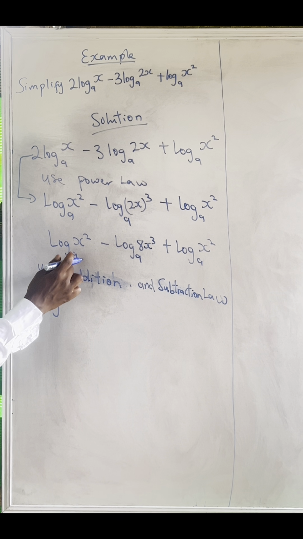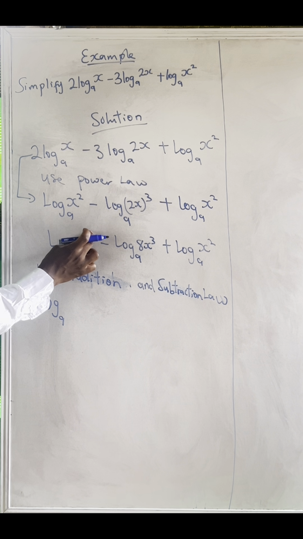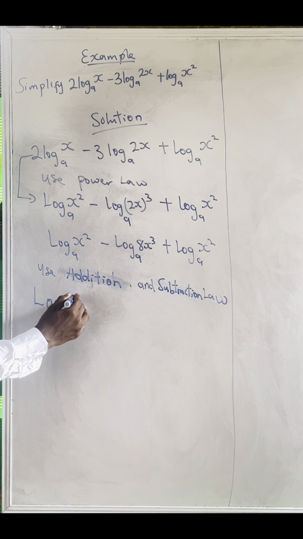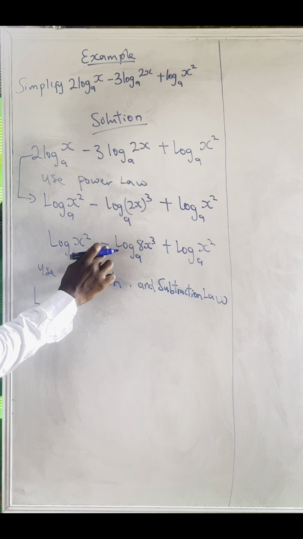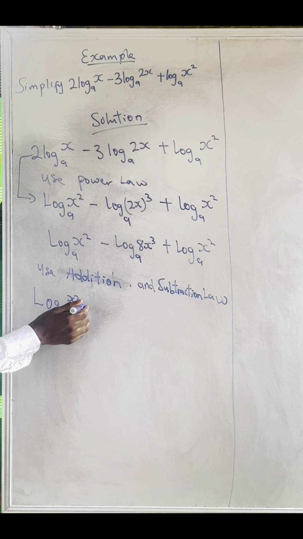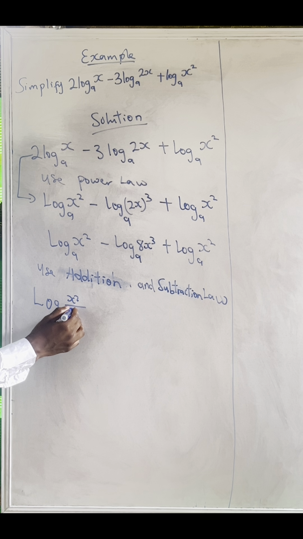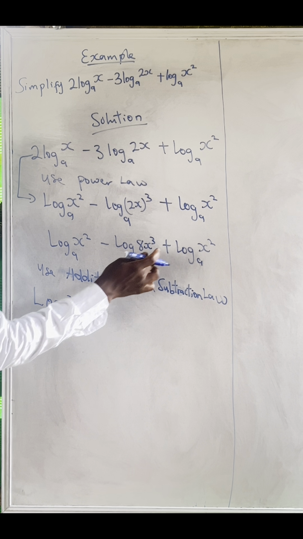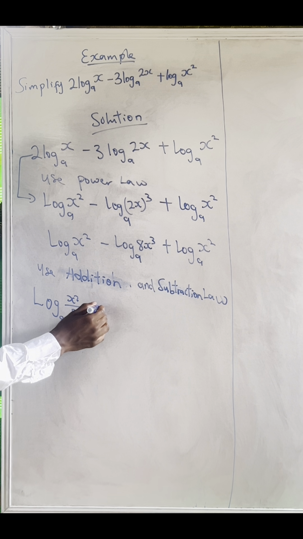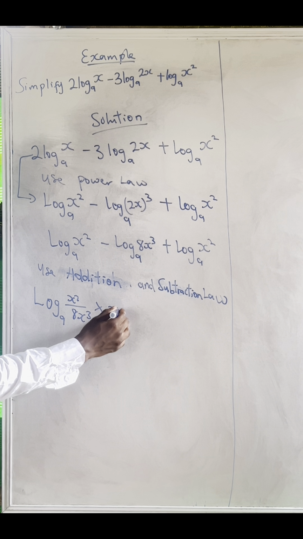So log a, this minus changes to divided by, and multiplication x squared.